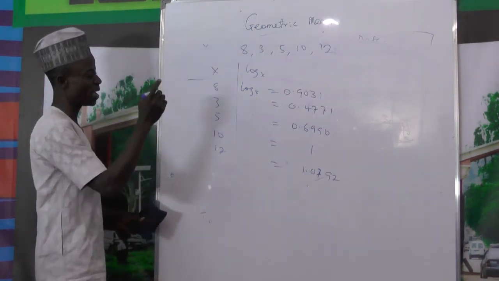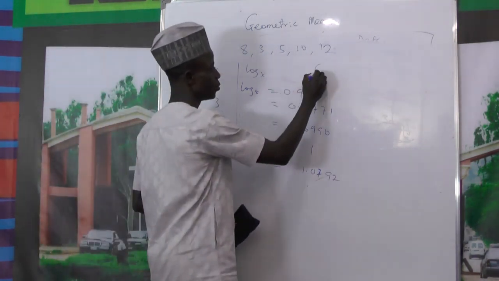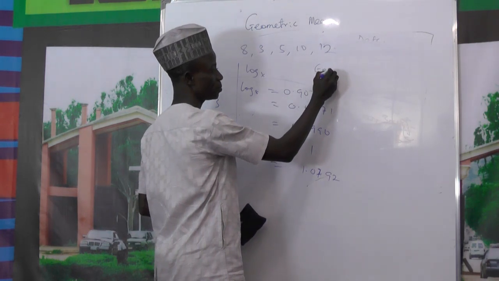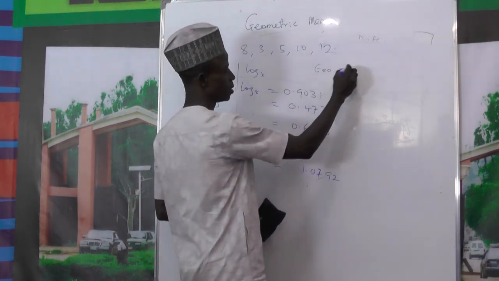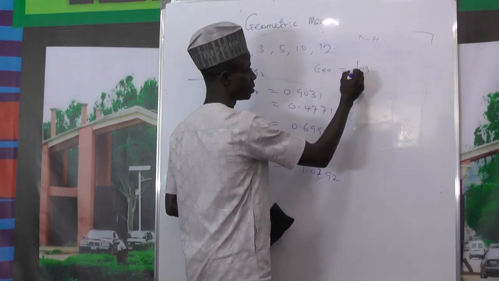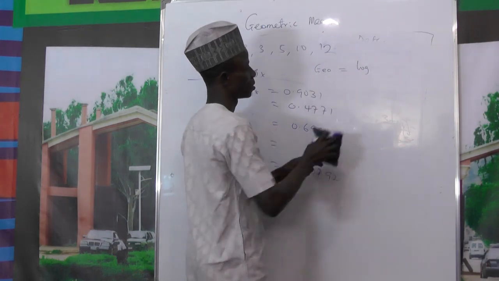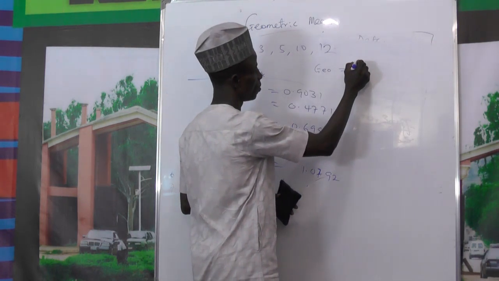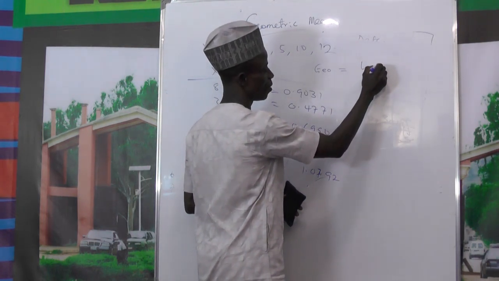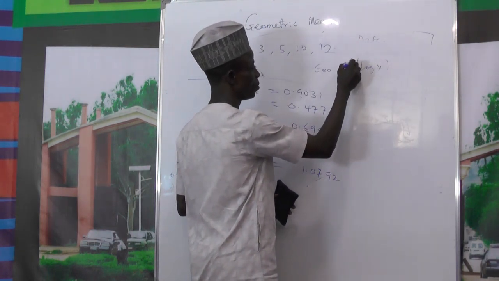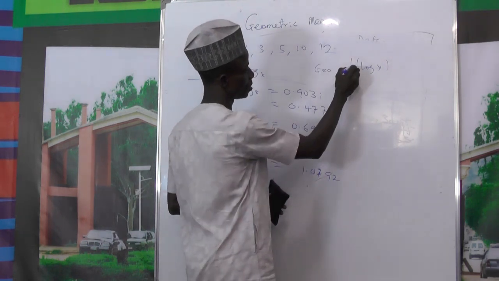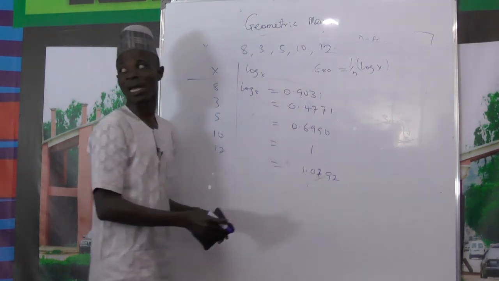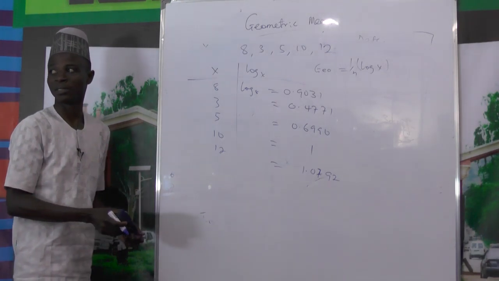So, and by the formula, our log of geometric mean is 1 over n times the sum of log of our x. That is by the formula.